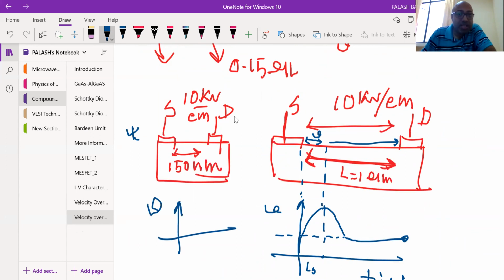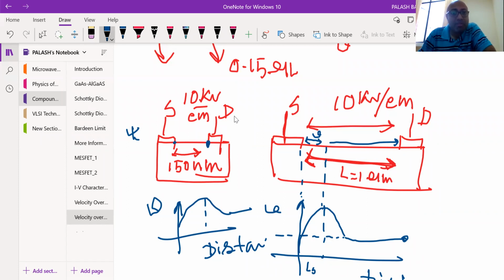If you try to vary voltage and distance, what I'm trying to tell you is that you are catching the electron. The moment the electron is released, it is gaining a huge electric field, and the moment it reaches the drain, you are catching this electron across the drain with a high velocity, right?